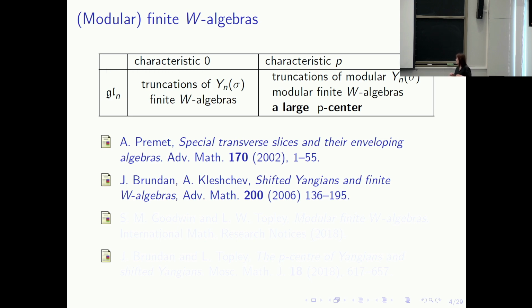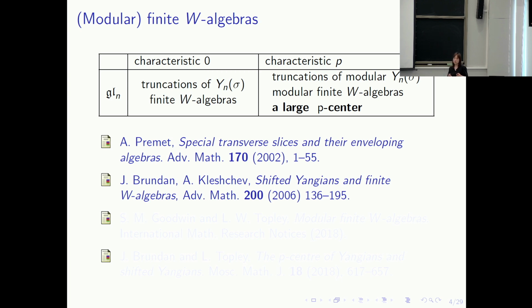Now, here I want to focus on explaining why we study the center or the p-center of the superalgebra over positive characteristic. A finite W algebra is defined by a pair of a finite dimensional semisimple Lie algebra and its nilpotent element.